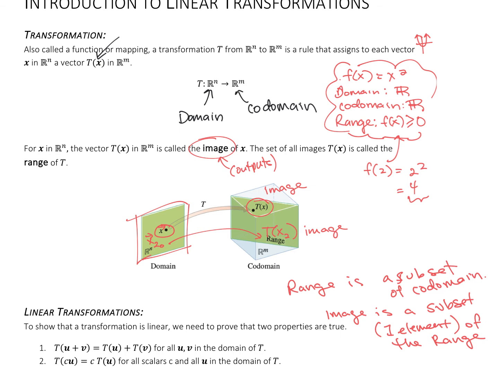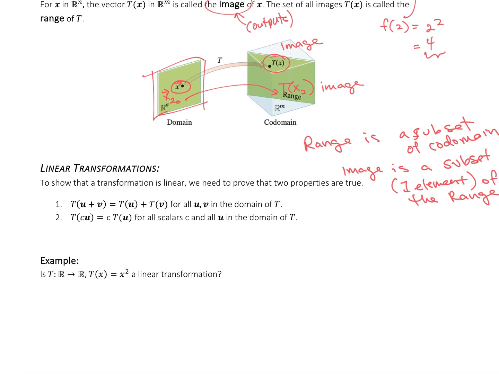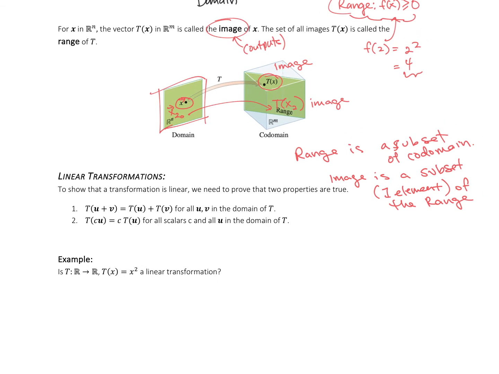All right, to show that a transformation is linear. Now we want linear transformations because we're all about linear algebra here, which means we want everything to be linear. Yay, linear. To show that a transformation is linear, we have to show that two properties are true. The first says that my transformation should come out the same whether I apply it to the vectors individually and then sum, or sum the vectors first and then apply my transformation.